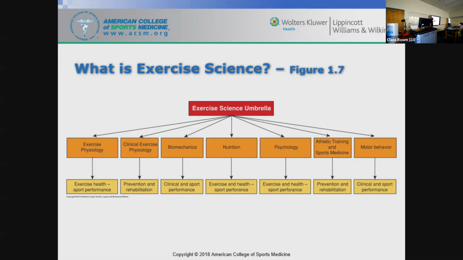Then from there, for each one of these, they could branch off even further if you wanted to. Because just in exercise physiology, you can have environmental exercise physiologists, you can have essentially a strength training or personal training.